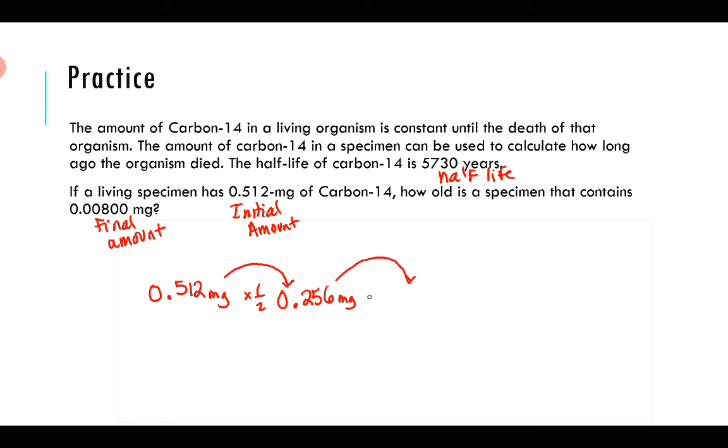After a second half-life, I'd have half of that, and so that would be 0.128 milligrams. And then I'll stop once I see the 0.00800 number. And then again, multiply by 1/2 until we see that final amount.